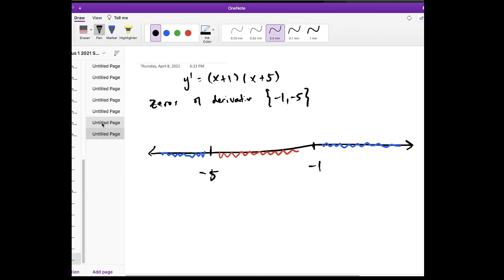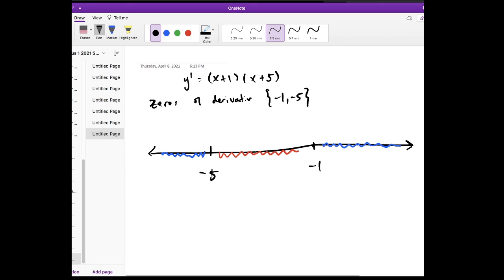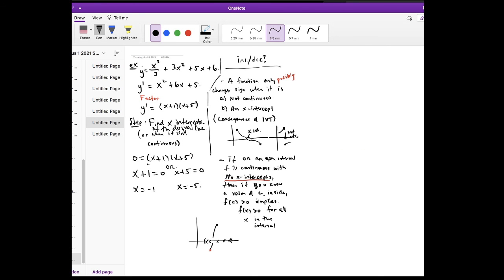So this little fact says that if I'm on an open interval that's continuous, which our derivative is, and there's no x-intercepts, that is true, there's no x-intercepts here or here, then all I need to know is one value of c inside the interval, and then I can determine the sign of everything.